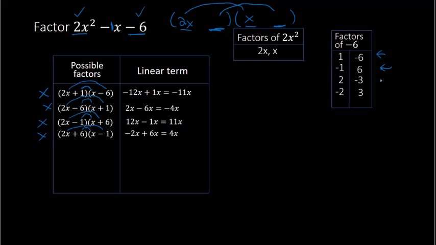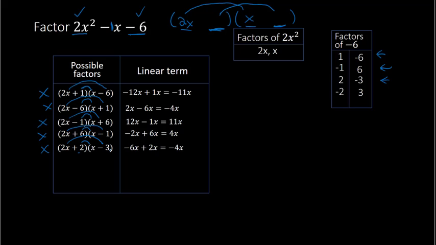All right, next I need to try this third set of factors. So we plug a 2 and -3 in. We need to check to make sure the middle term would work. We can do the inner and outer, 2x and then -6x, and that would give me -4x, which does not work.